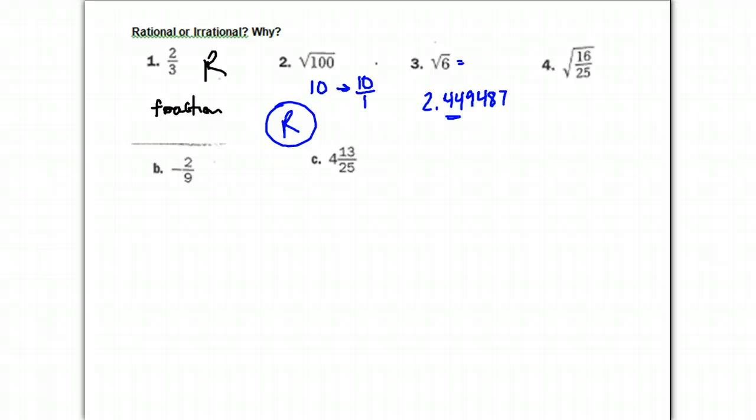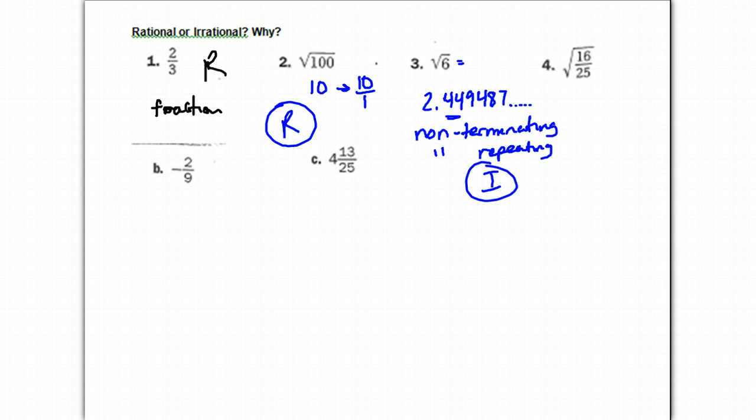You don't know what's coming next. So since that one is non-terminating, and you don't really know that from your calculator screen because your calculator ends, but it's going to keep going on forever, and it's also non-repeating, so it's irrational.